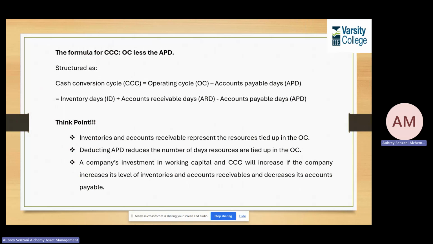So you need to know that if I use that formula, I get this variable, and then I'll be able to calculate your operating cycle. These are two formulas for the same thing.